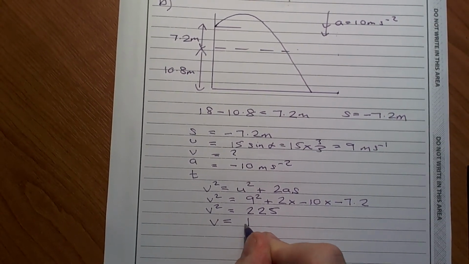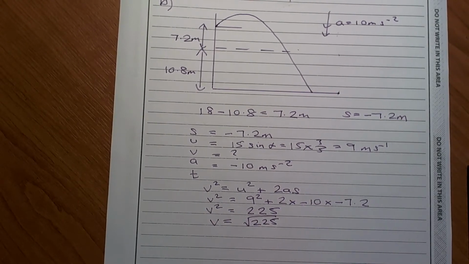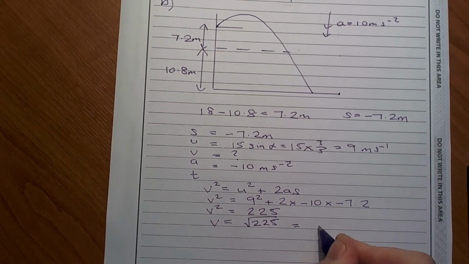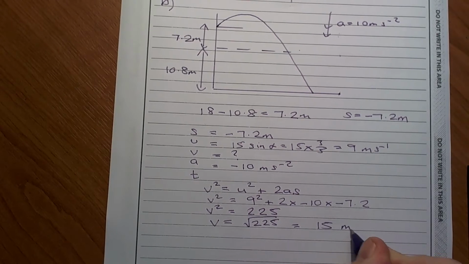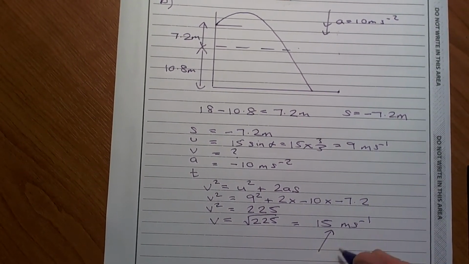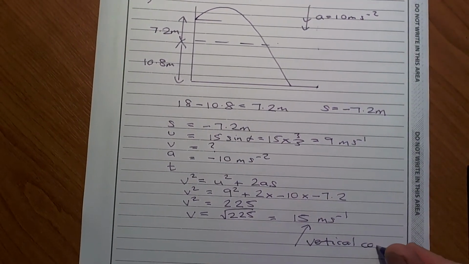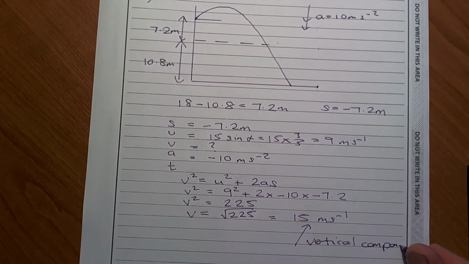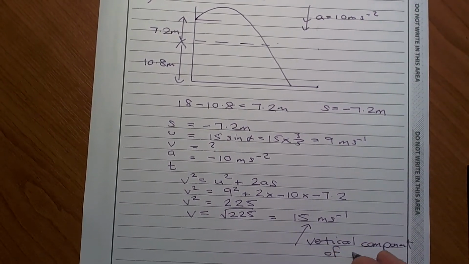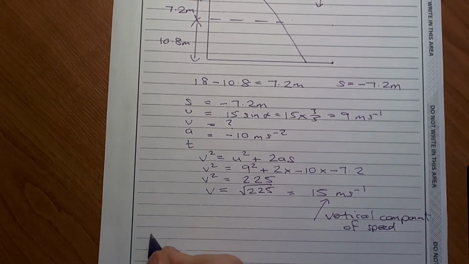So V is going to be the square root of 225, so that's going to be 15 meters per second. But this is the vertical component of the speed. What's the horizontal component?